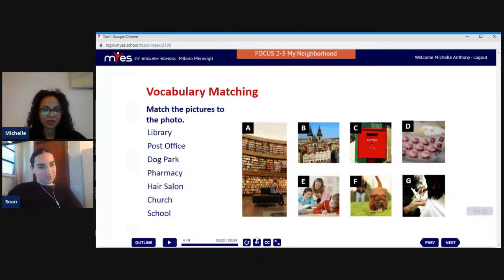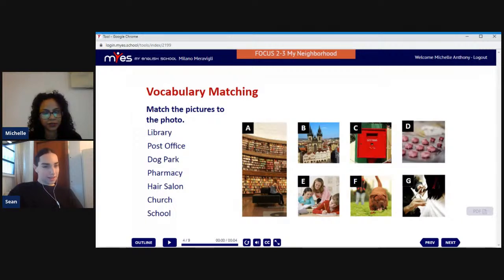Now, vocabulary matching. Would you like to read, Sean? Sure. So match the pictures to the photo. We have library, post office, dog park, pharmacy, hair salon, church, and school. Okay, picture A. What do you think?